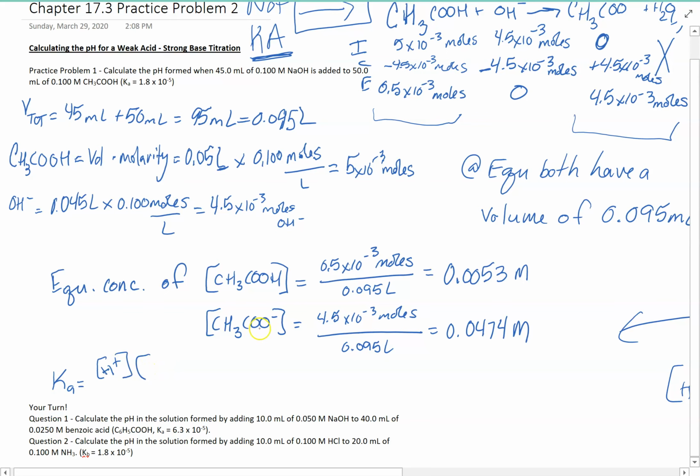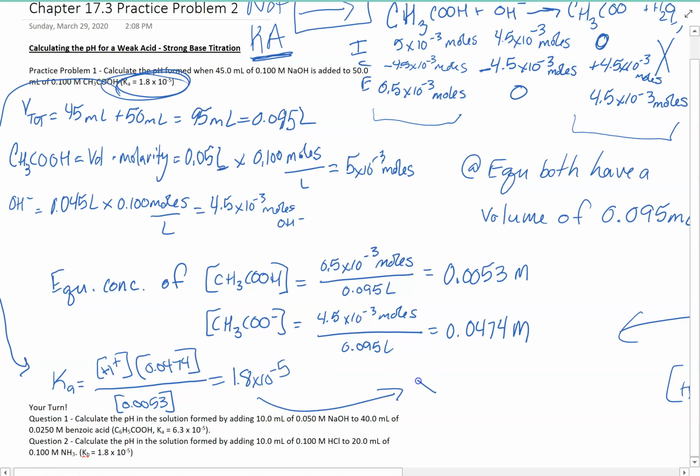The CH3COO- is this guy. The acid on the bottom is going to be this, and we're going to set it all equal to the Ka value from up here, which is 1.8 times 10 to the negative 5th.